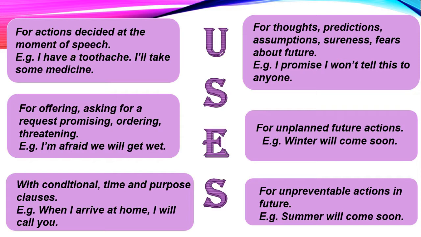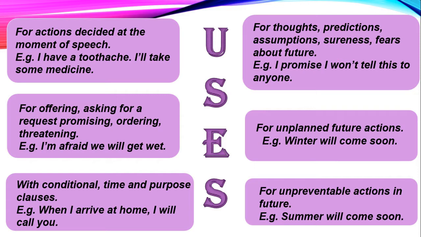For unplanned future actions, for example, winter will come soon. Here, it is an unplanned future action. To express this, we are using simple future tense. We use the same tense to express unpreventable actions in future. For example, summer will come soon.